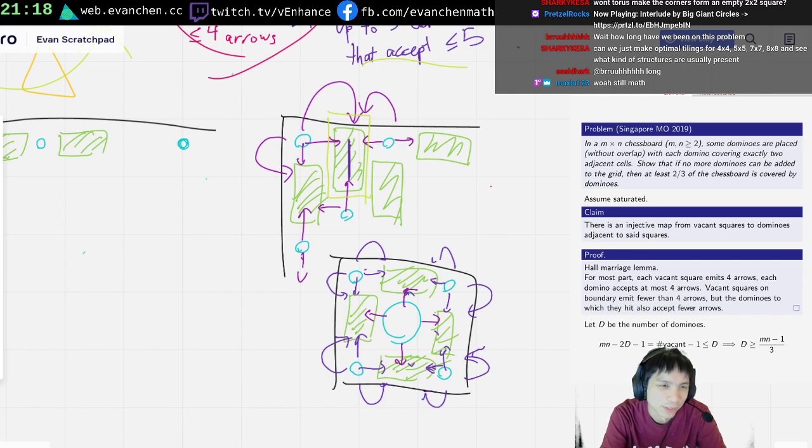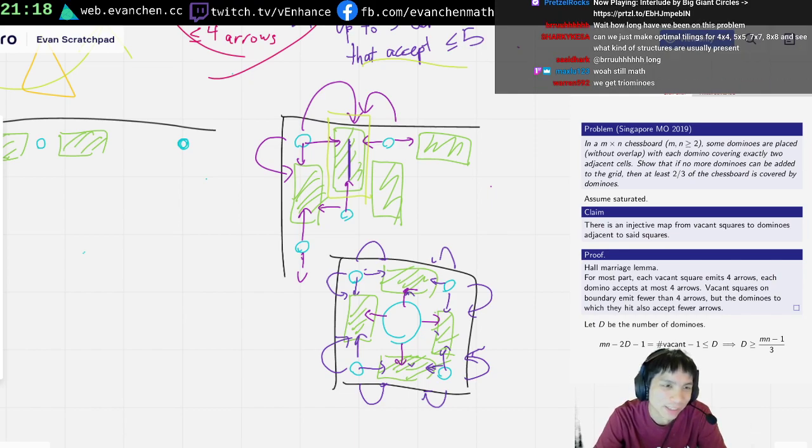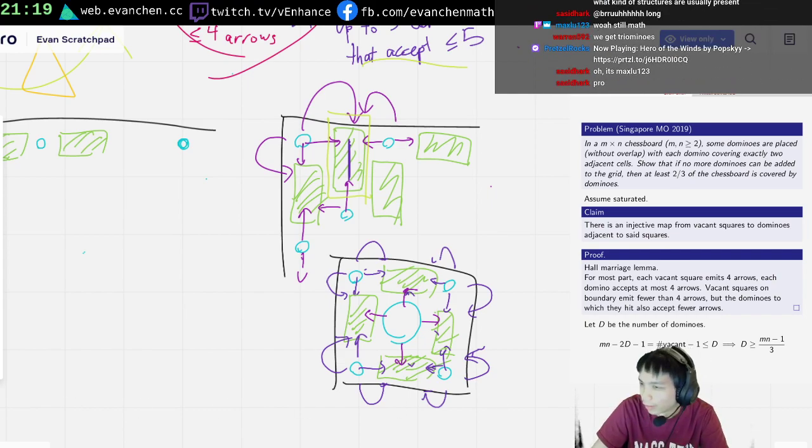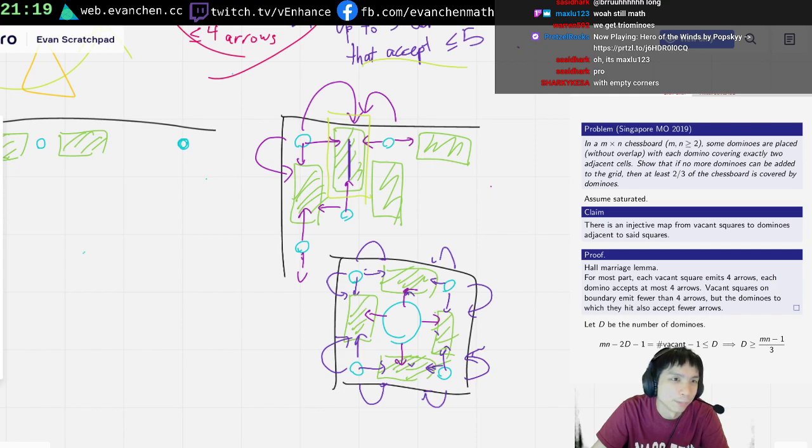Yeah, we've been stuck on the Singapore problem for a while now. We wanted the number of dominoes to be at least mn over 3, and we got the bound mn minus 1 over 3. Apparently other people get this bound with different methods too.